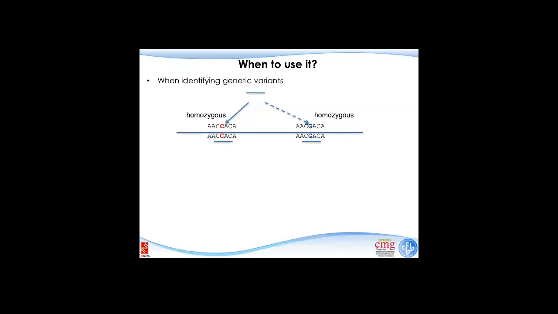If your alignment algorithm isn't done perfectly, you might make a wrong conclusion. You might map this read back to this region, and then you are seeing, oh, there's a heterozygous variant.